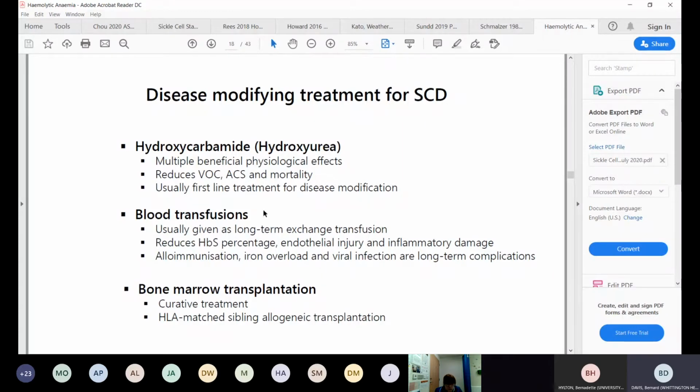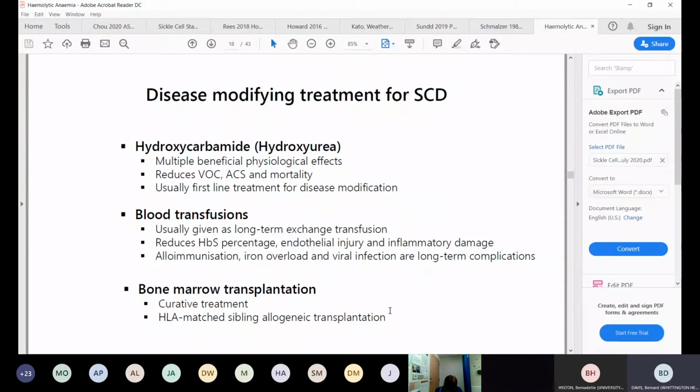Blood transfusions can also be used, and here you can use them electively in a long-term transfusion program, usually as an exchange transfusion. Again, we know that patients who were frequently in hospital, when they go onto blood transfusions, hardly ever come back into hospital.